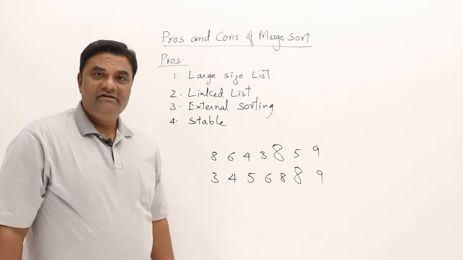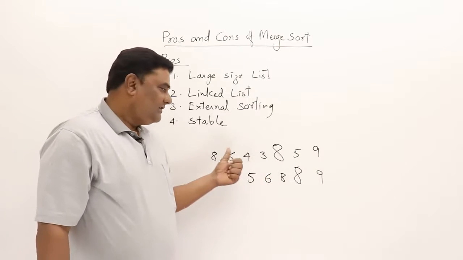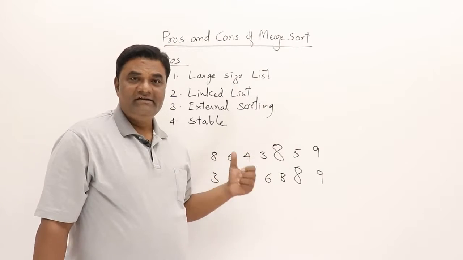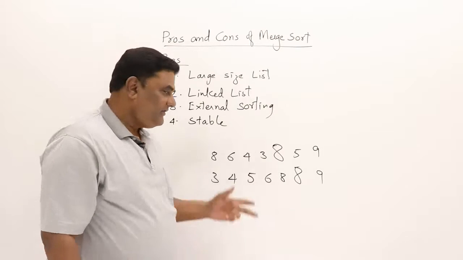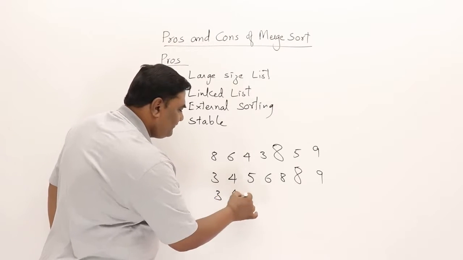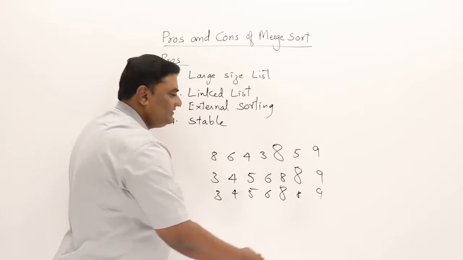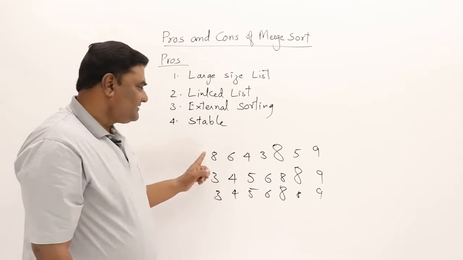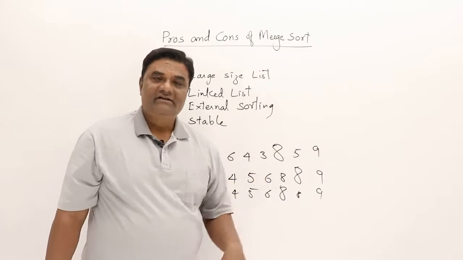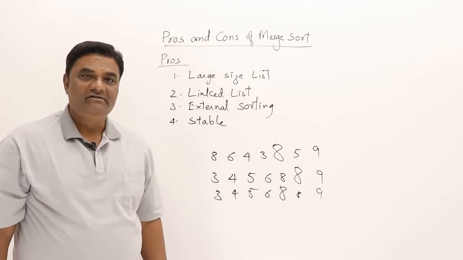So if you see here, after sorting, the order of duplicates is maintained. We did not get the array like 3, 4, 5, 6, that 8 first, then this 8, then 9. No. We got them in the same order. This was the first 8, that was the second 8. So their order is maintained.